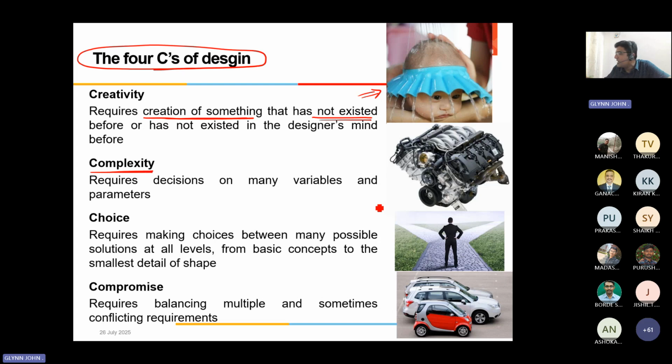So in this particular case, look at the example of an engine. Even the companies that manufacture vehicles, not all of them manufacture engines, right? They actually buy engines from some other company and use them, because this is a very complex system. You need to deal with many parameters.